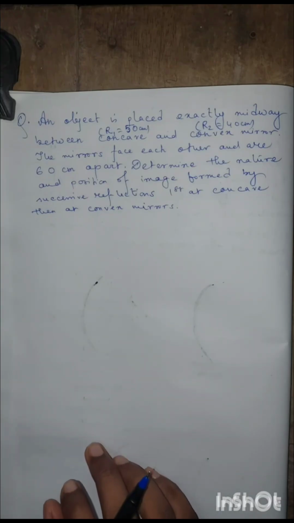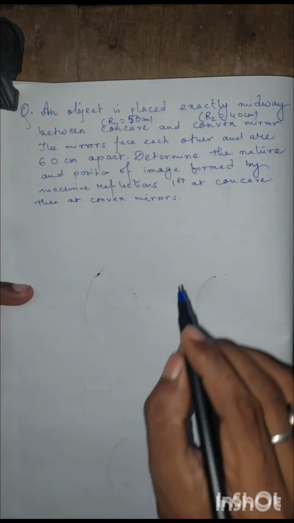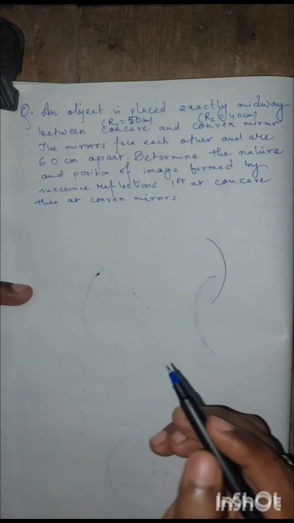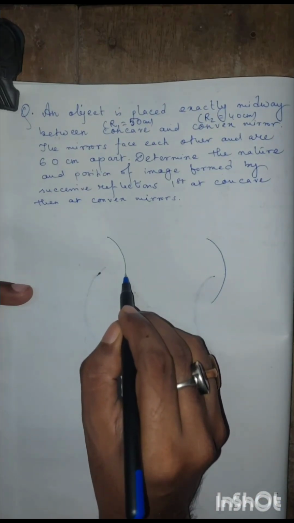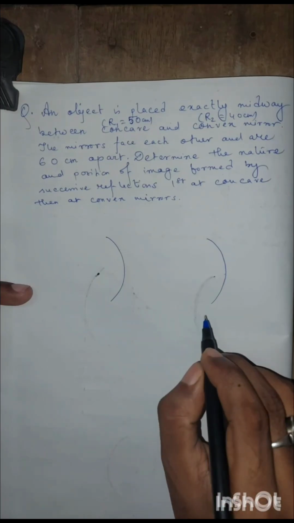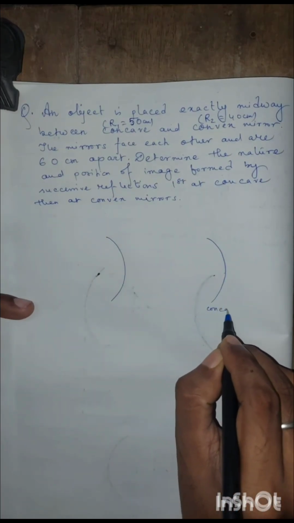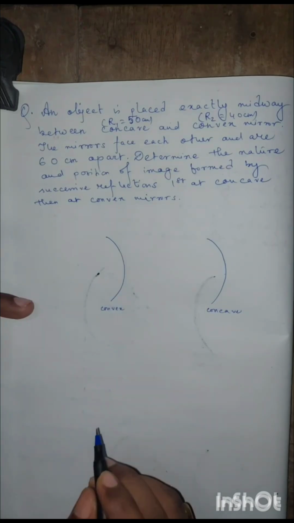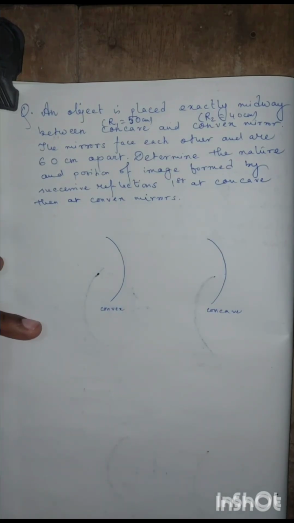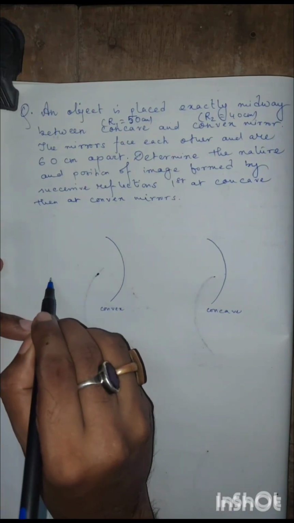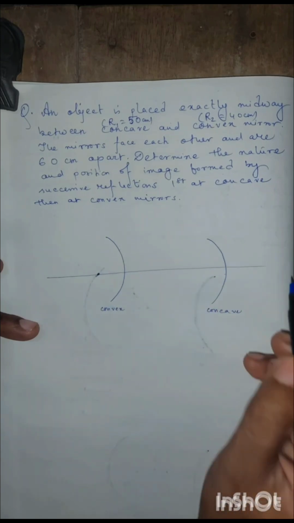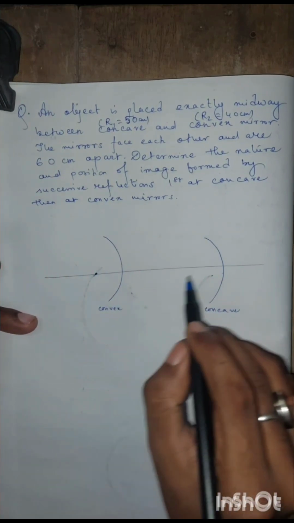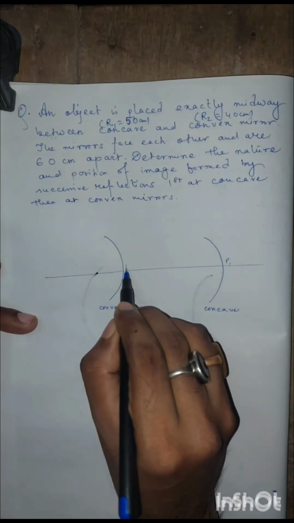So let us draw the diagram. Let us assume this is our concave mirror and this is our convex mirror. Okay, this is concave, this is convex, this is the principal axis, this is our pole 1, this is pole 2.